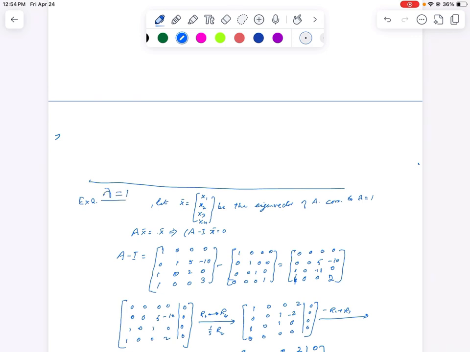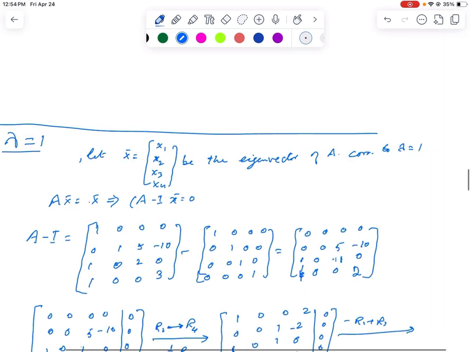Then Ax is equal to lambda x, which means Ax is equal to 1 times x, which means A minus I times x is equal to 0.